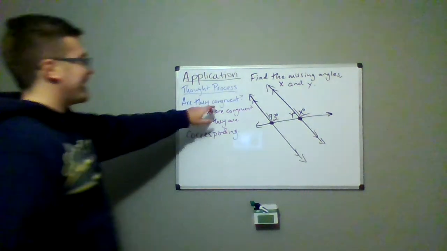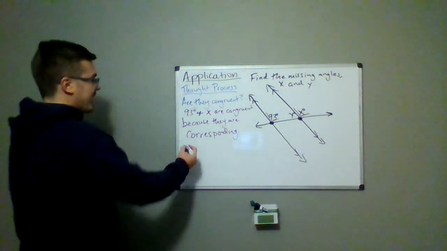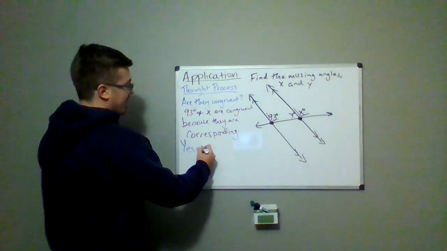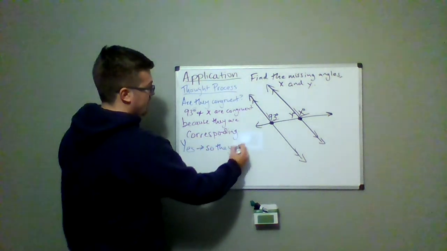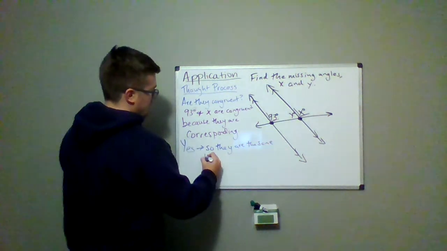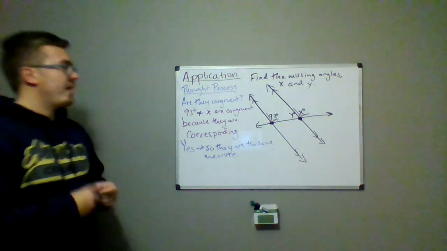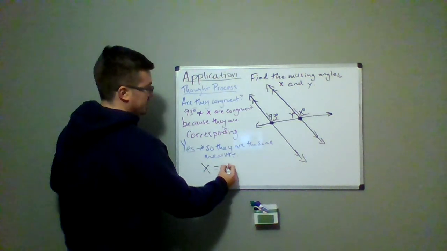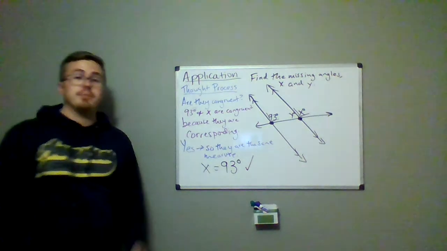My next question is, are they congruent? Yes, they are congruent. And what does congruent mean? They are the same. So that means that x is equal to 93 degrees, and I'm done with x.